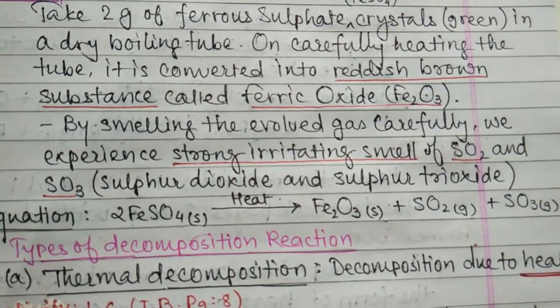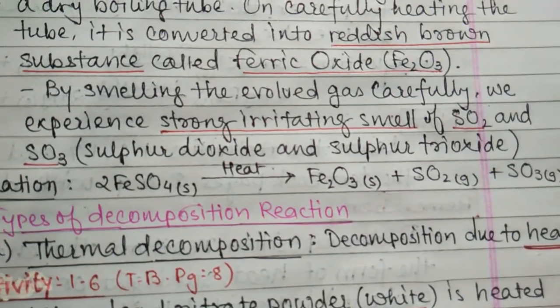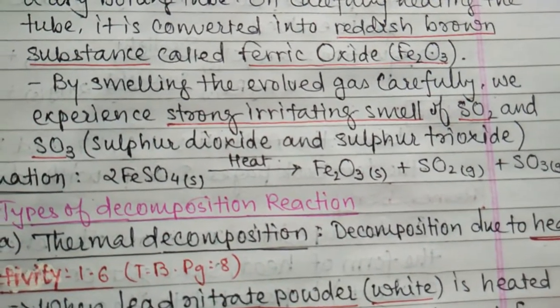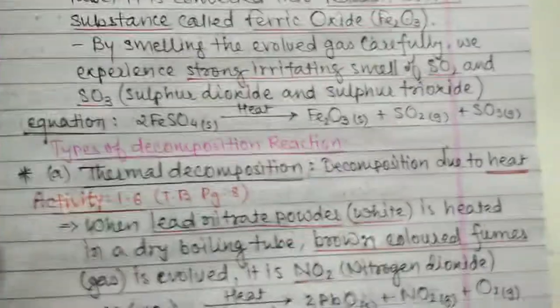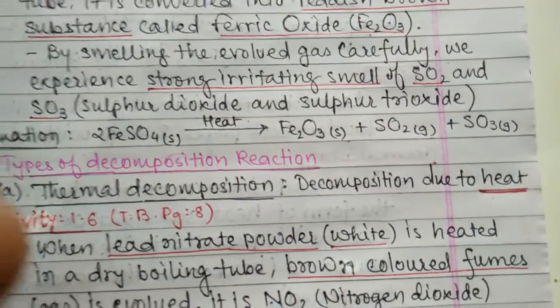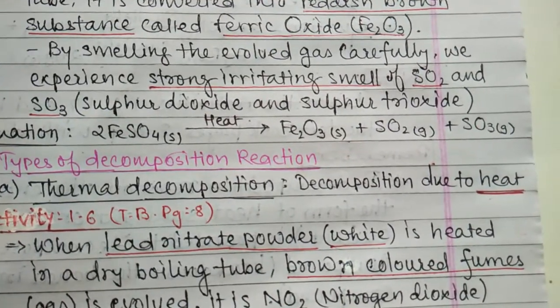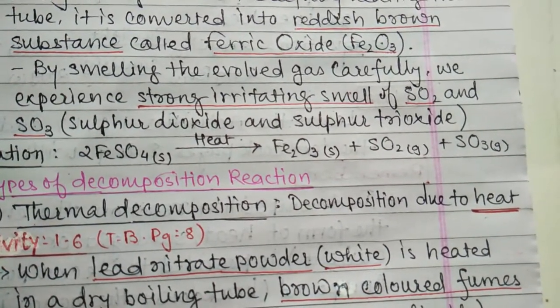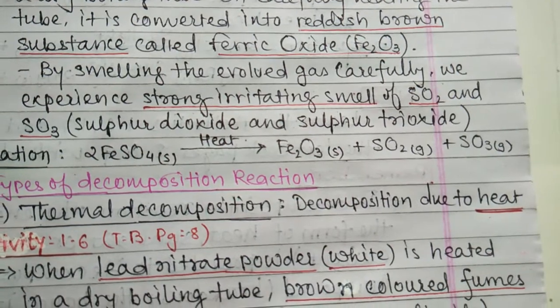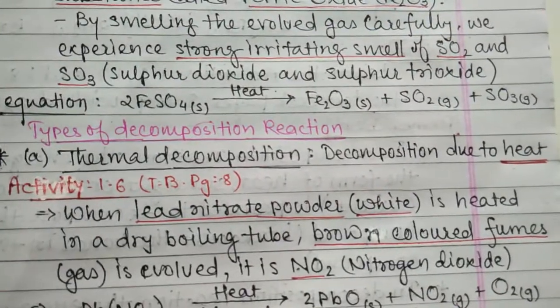We experience a strong irritating smell. It is due to the evolution of sulfur dioxide and sulfur trioxide. The equation: ferrous sulfate, on heating, gives ferric oxide, and sulfur dioxide and sulfur trioxide are formed. Both of them are gases.